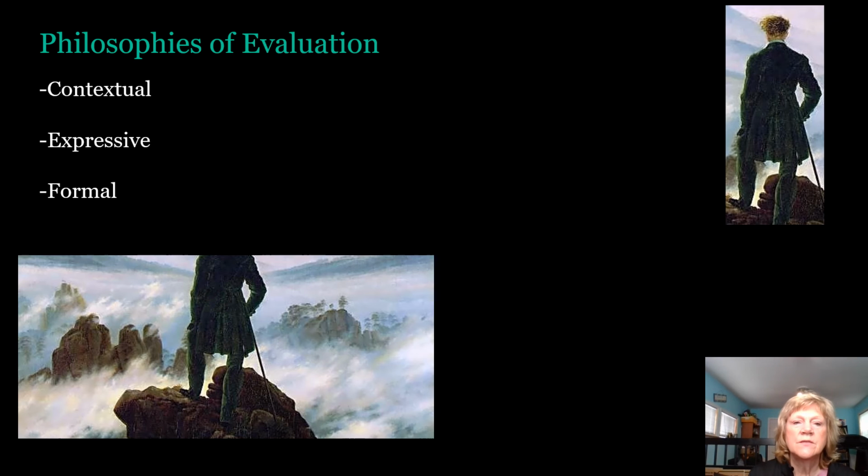The last philosophy of evaluation to look at is the formal theory. The formal theory is concerned with the technical execution of the art piece. Friedrich's Wanderer Above the Sea of Fog is an excellent example of this. His use of contrast in value is extraordinary, as he has used the extremes of dark and light.